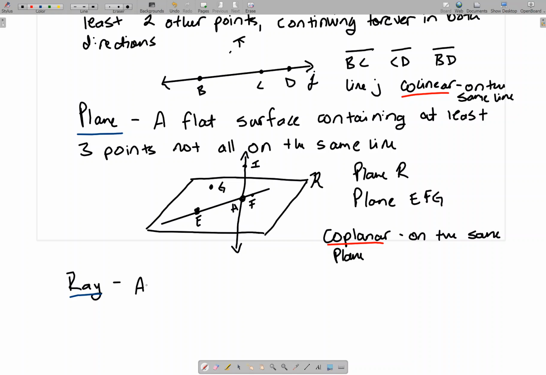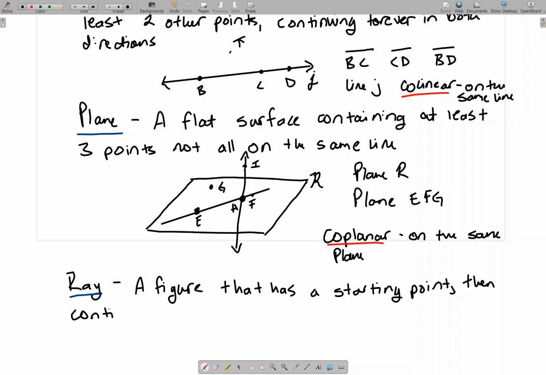A ray is a figure that has a start point, which is actually called the endpoint, then continues forever in one direction.